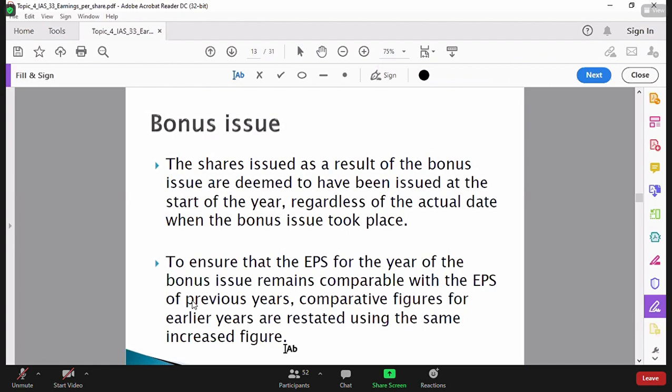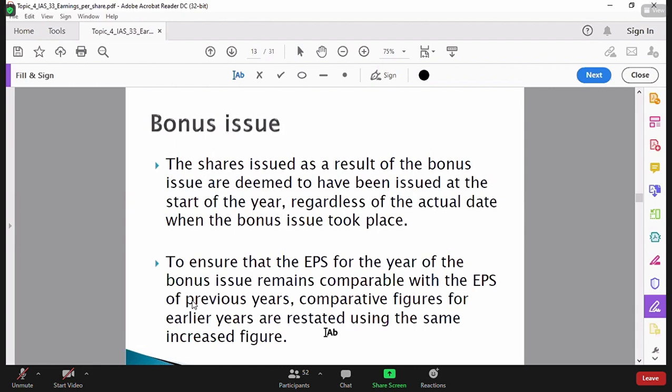Last year there was no bonus issue, but suddenly this year you have a bonus issue. When you want to make a comparison, you must make some kind of adjustment to the EPS of last year, so that last year's EPS will be comparable to this year's, which has the bonus issue. That's why they said they want to restate for the bonus issue so that the EPS amounts are comparable.